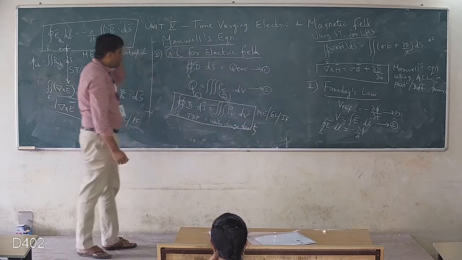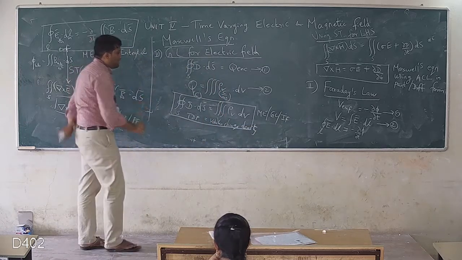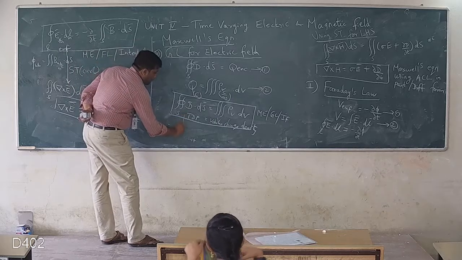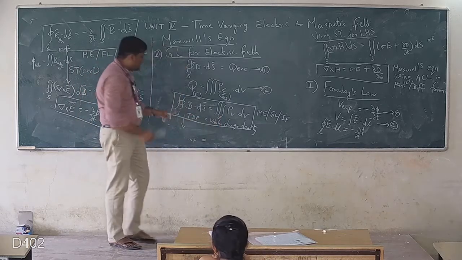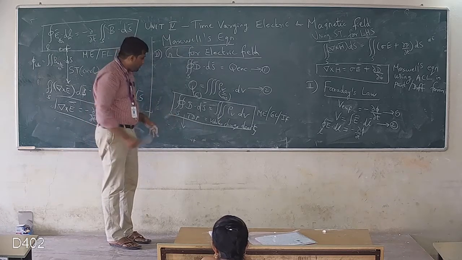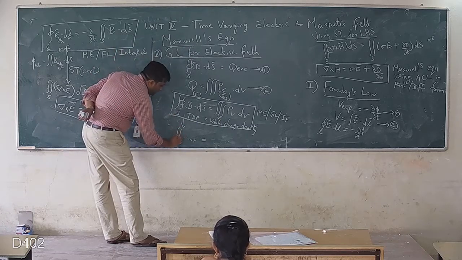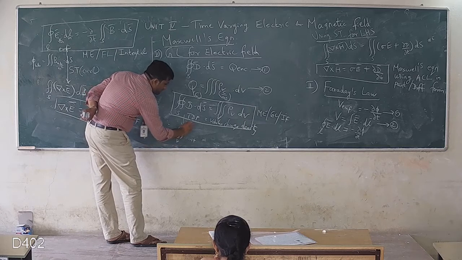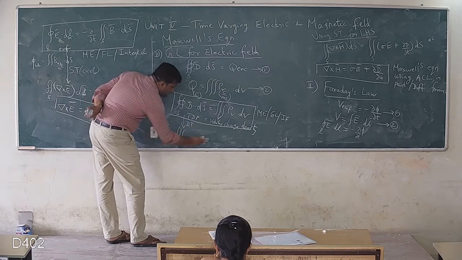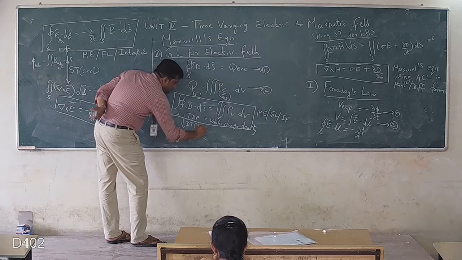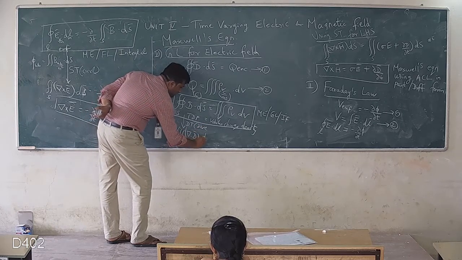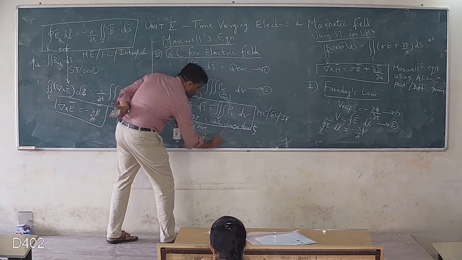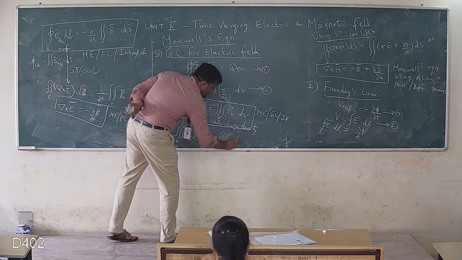So this is the integral form. If I want to get the point form, I have to apply the divergence theorem. Here it is surface and here it is volume. This surface should be converted to volume. Therefore, it is triple integral applying divergence theorem, so it is del dot D vector dv is equal to triple integral rho v dv.